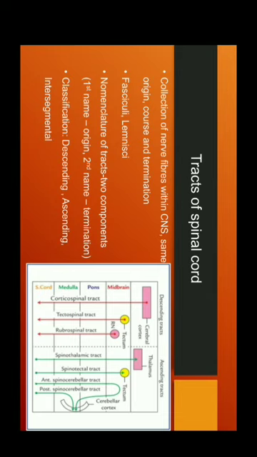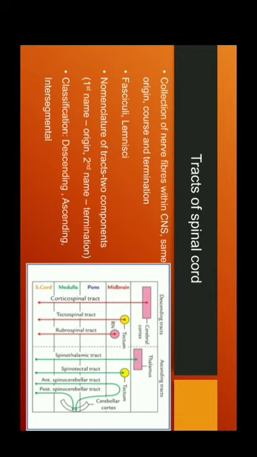Likewise, how will you name the one which has arisen from the spinal cord and goes into the cortex? Spinocortical. Correct, but the nerve fibers which ascend to the cerebral cortex from the spinal cord terminate in the thalamus, as the thalamus is a relay for this tract. So it's named as spinothalamic tract rather than being named as spinocortical.